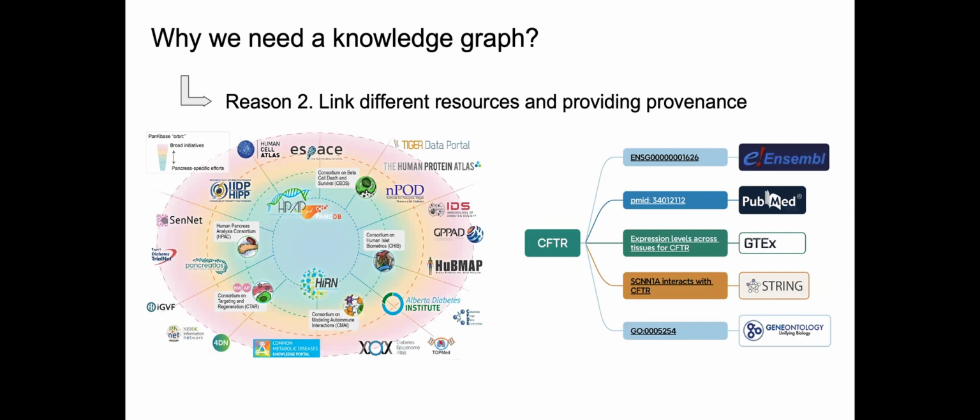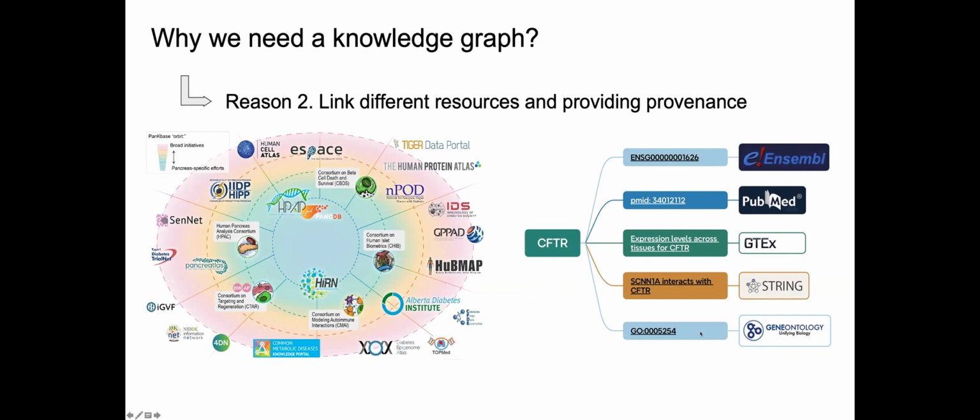Secondly, in a research domain like type 1 diabetes research, there are usually tons of resources already there. For example, the same gene CFTR can be referred to with this ID in this PubMed article. In GTEx, there's another identifier, in STRING it has different information, and in Gene Ontology it has a GO term.